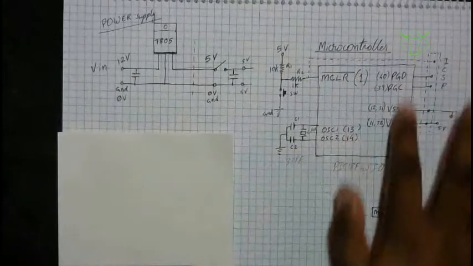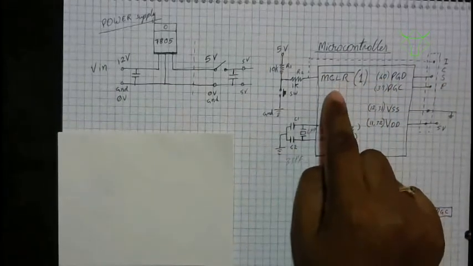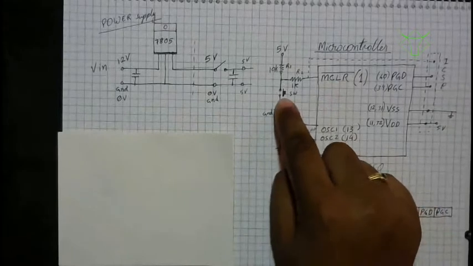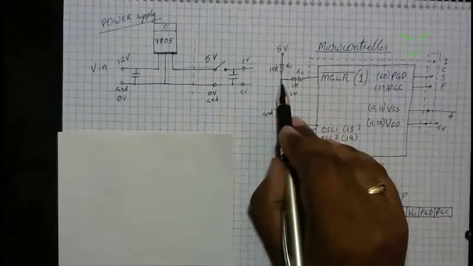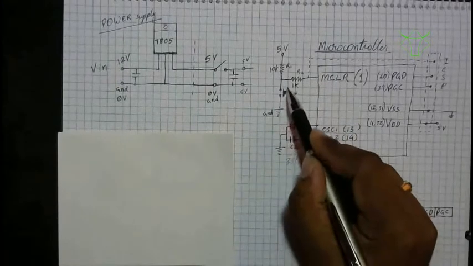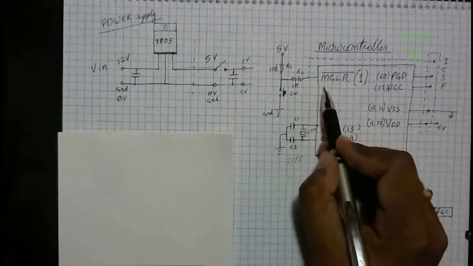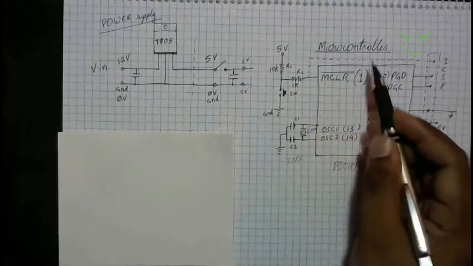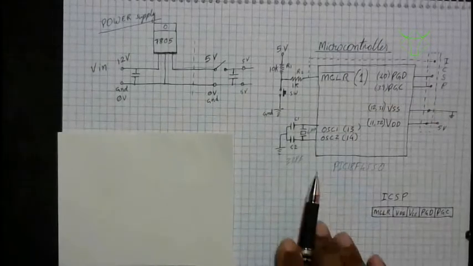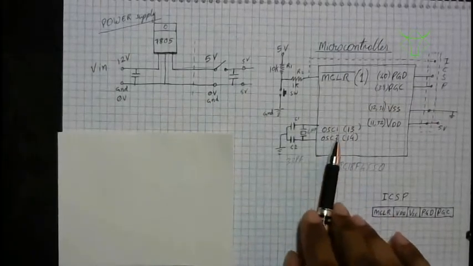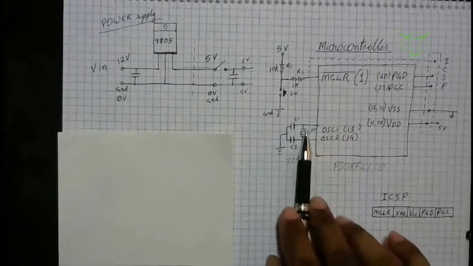That means the microcontroller is working fine and MCLR is not active. When I push the switch, this point becomes ground, the circuit is closed, and the MCLR pin is active, so it will reset the microcontroller.